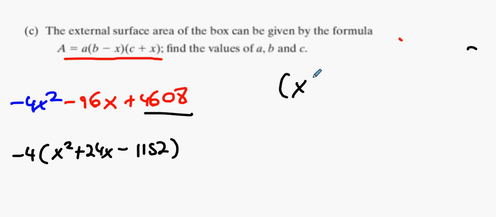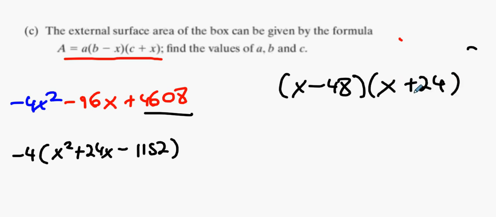He's just on fire today. Is everybody happy with 48 and 24? They multiply to give you 1152. So it's minus 4 into x minus 48, but it's plus 48 minus 24, and all the opposite way around.